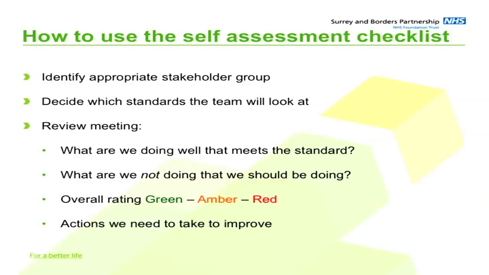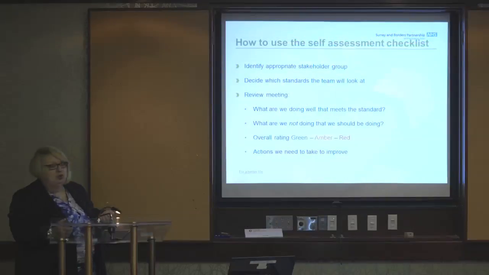And we suggest that you hold a review meeting, you identify what you're doing well that meets the standard, you identify what you're not doing that you should be doing, and you give yourself an overall rating that's honest and true. Then you think about, okay, I've rated myself as amber.